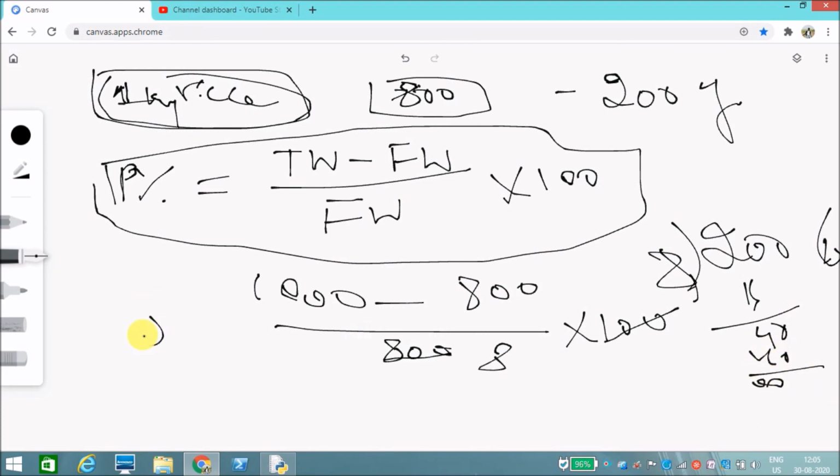So 25% is the profit for fault weightage. Like this you can find the profit for fault weightage.